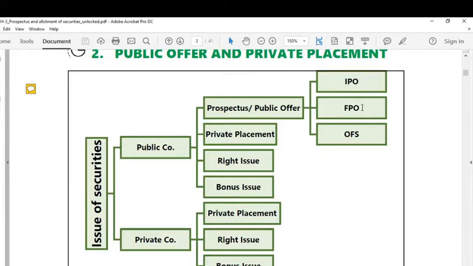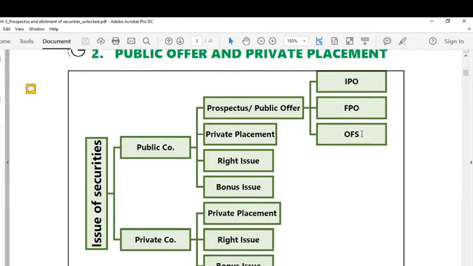The second one is further public offer. After the initial public offer, if the company goes for acquiring further capital for its business requirement, such an offer is called a further public offer.